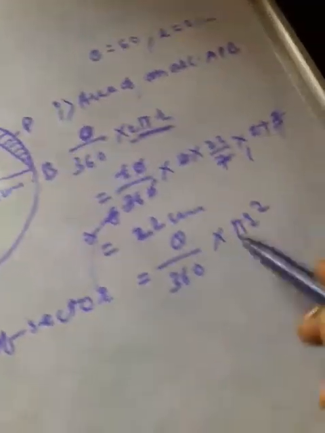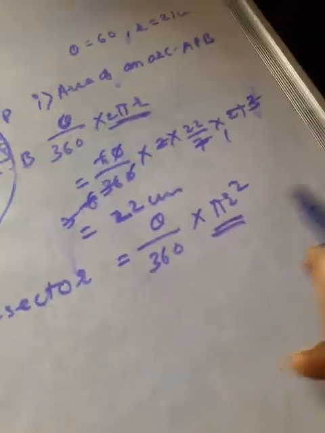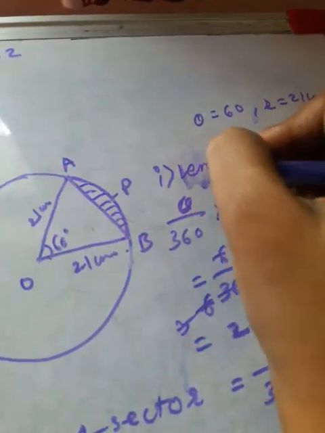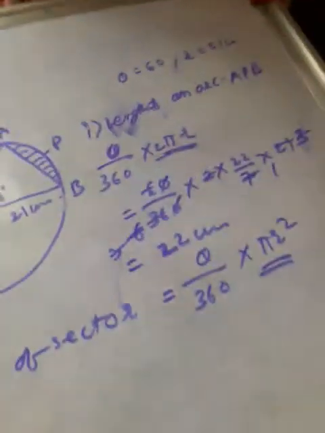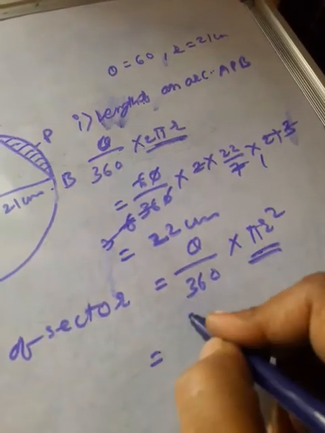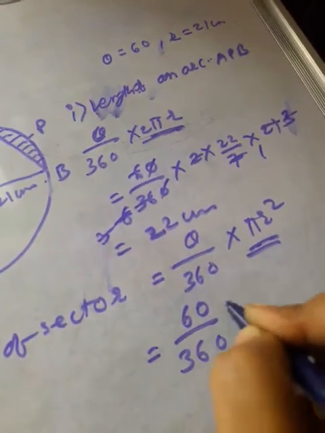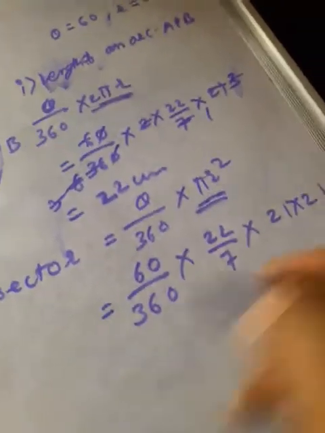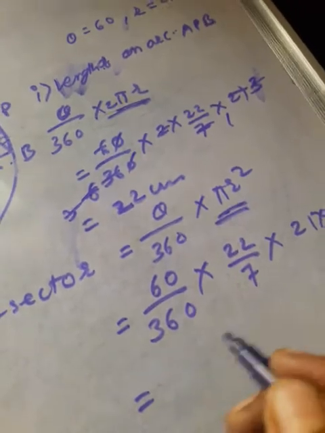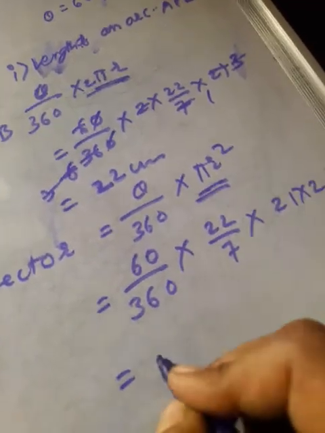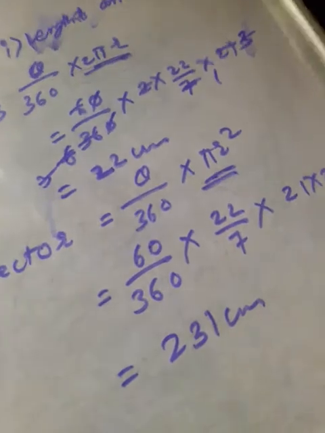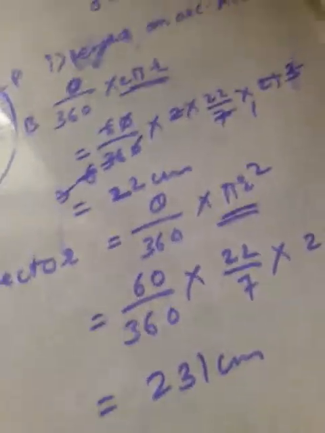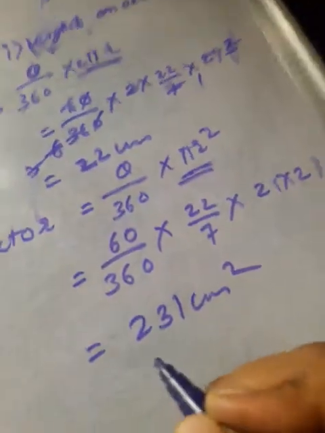The 2 pi r is for the length of the arc, sorry, that is what we found out before. So now 60 by 360 into 22 by 7 into 21 into 21. After calculation we will get the area of the sector as 231 centimeter square.